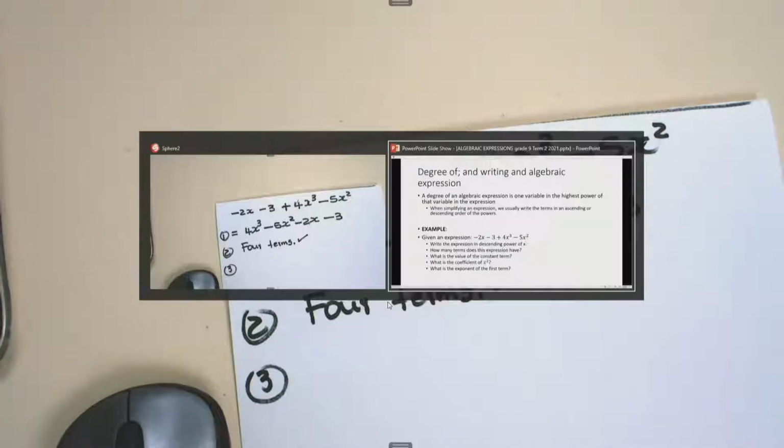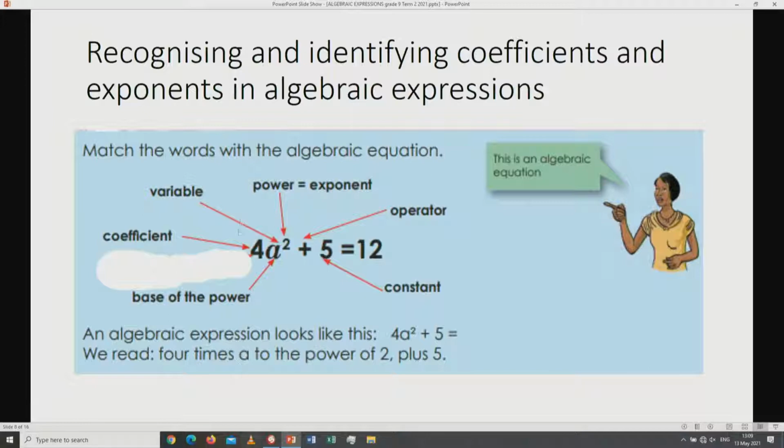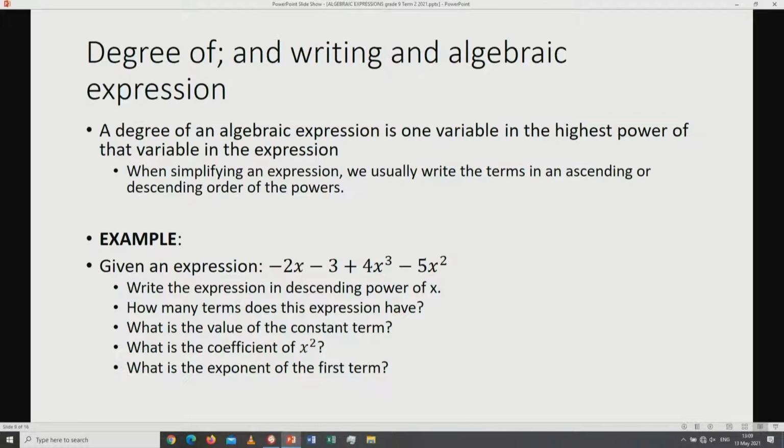All right. And then the other question says, what is the value of the constant term? A constant term, remember what we said about the constant? The constant term is the one which does not have a variable. Then 5 here is a constant term. So in this case, we're also going to check which one is a constant term here.